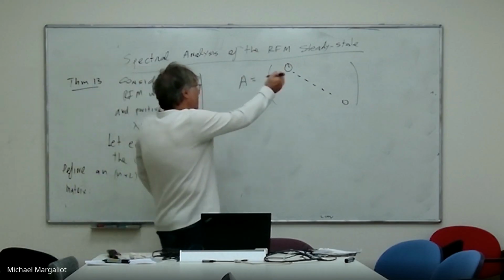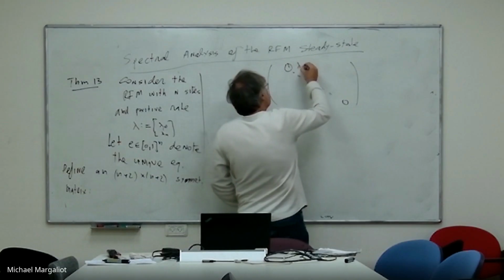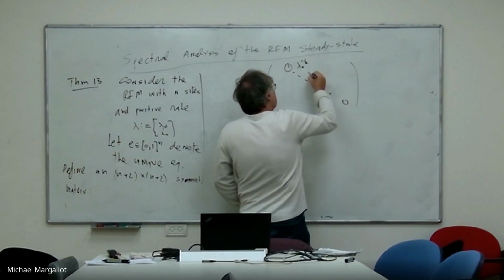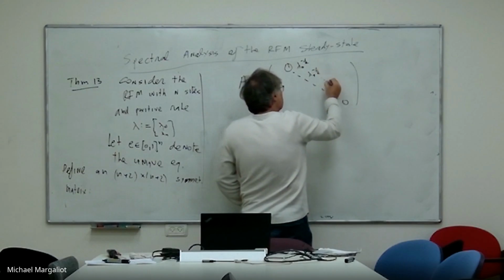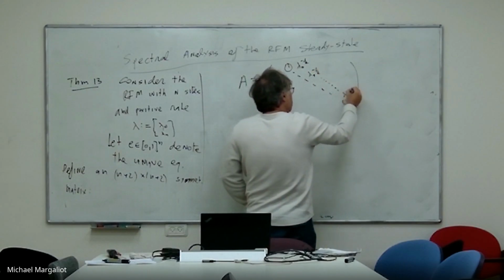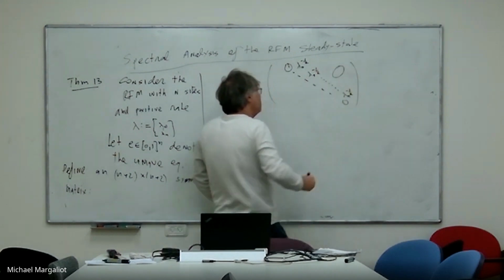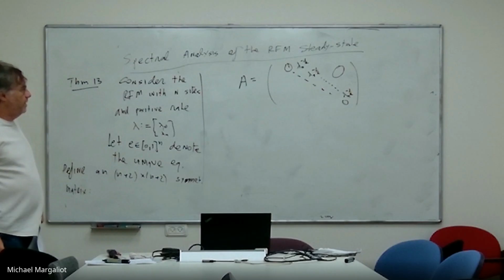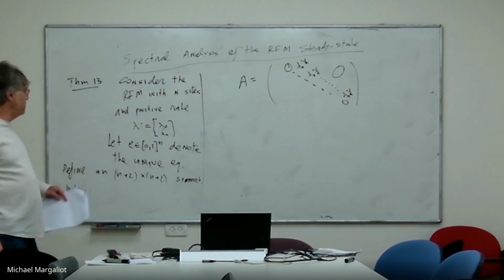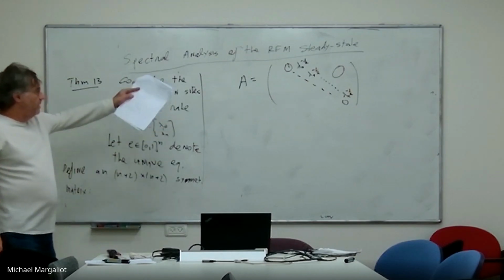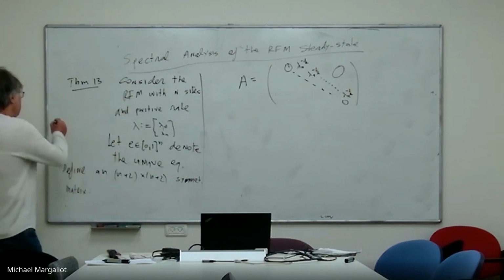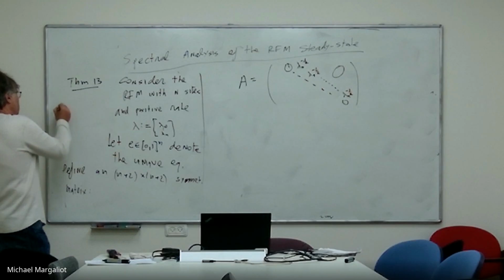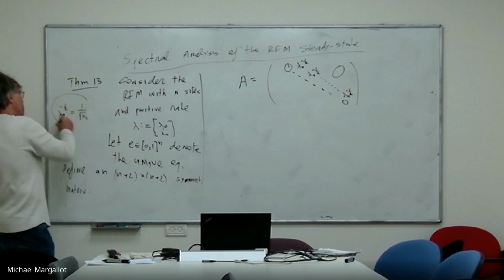On the super diagonal, I put lambda 0 to the minus half, lambda 1 to the minus half, up to lambda n to the minus half. The other entries above the super diagonal are 0. And because the lambda i's are all positive, lambda i to the minus half, which is just 1 over the square root of lambda i, is well defined.